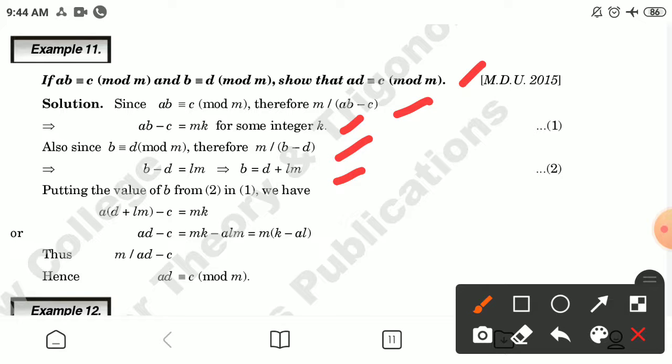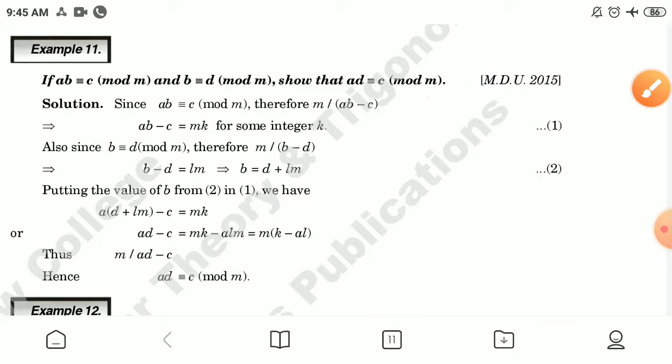Putting the value of B from second in first, we have A into D plus LM minus C is equal to MK, or AD minus C is equal to MK minus ALM, equal to M into K minus AL. Thus M divides AD minus C. Hence AD is congruent to C mod M.